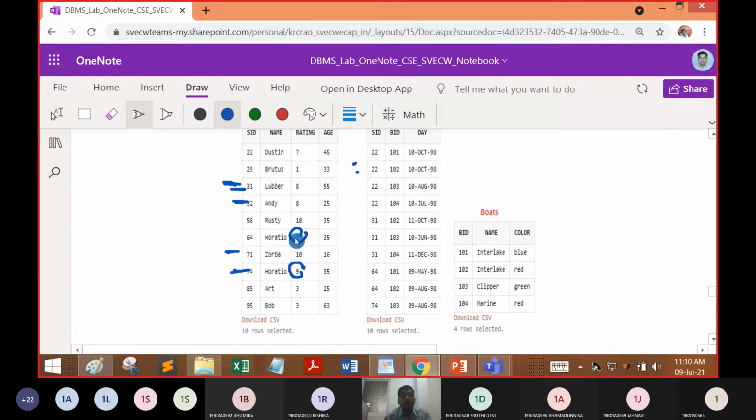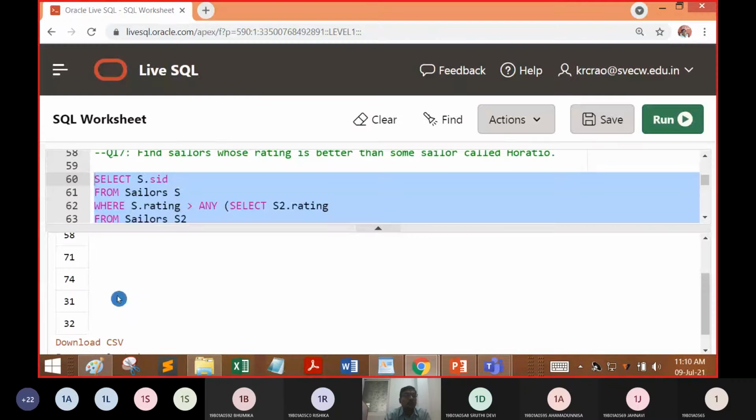So whoever is greater than 9, so now I need to say 1, 2, 3, 4, 5 earlier, so 58 is also there. So now what we are going to get? Luber, Andy, Rusty, Jorba and Horatio. That means it will be numbers 31, 32, 58, 64, 71 and 74. So that is the answer what we got as the query answer what we generated at this point of time.